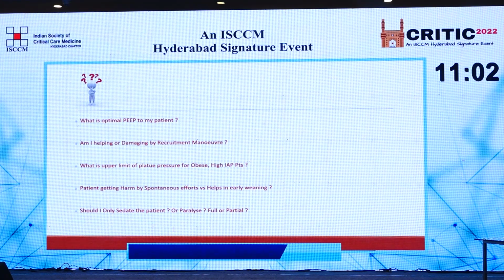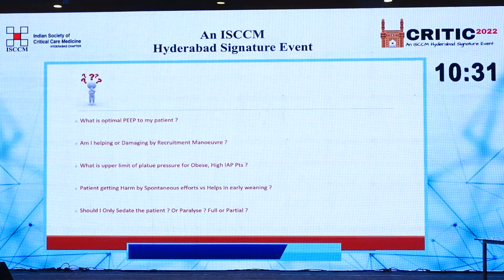And with these spontaneous efforts, when they are awake, when they are hypoxic, whether that is going to harm those patients by extra high tidal volume inspiratory efforts or by causing strain and stretch at the lung area, which are actually very low compliant, compared to the area which is at a very high compliance. The lung will be heterogeneous in ARDS. So we really don't know whether the spontaneous effort is harming that patient or benefiting that particular patient.